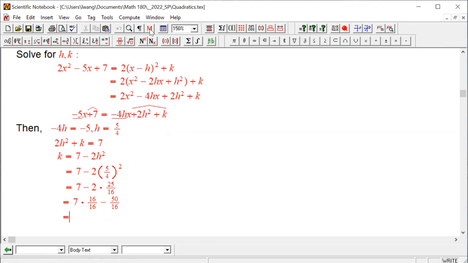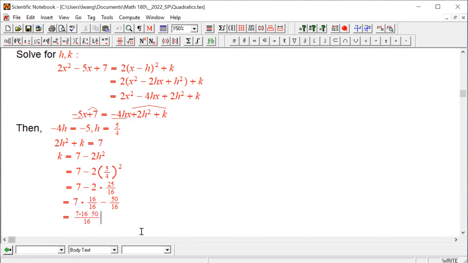This method I'm talking about can find you h and k always. So it has an advantage. Does it have its disadvantage? The disadvantage is you may deal with more complicated questions. But anyway, without further ado, 7 times 16 minus 50.